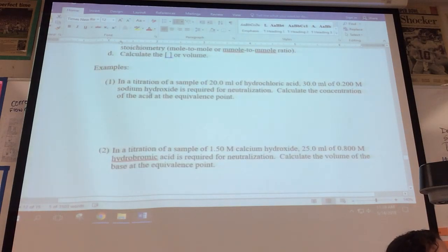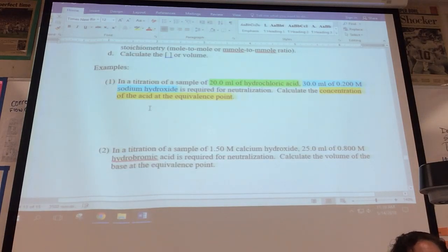In the first example, it says in a titration of a sample of 20 mLs of hydrochloric acid, we have 20 mLs of acid, 30 mLs of 0.2 molar sodium hydroxide is required for neutralization. Then we want to calculate the concentration of the acid at the equivalence point.